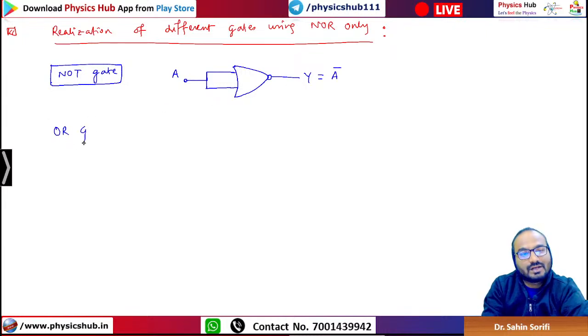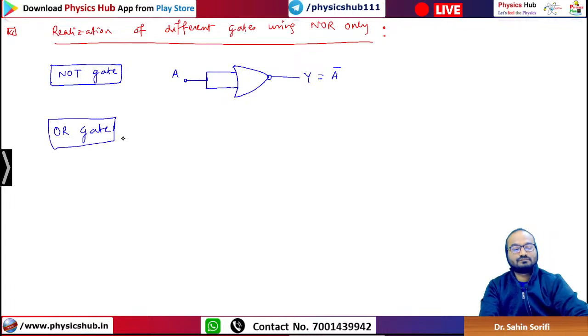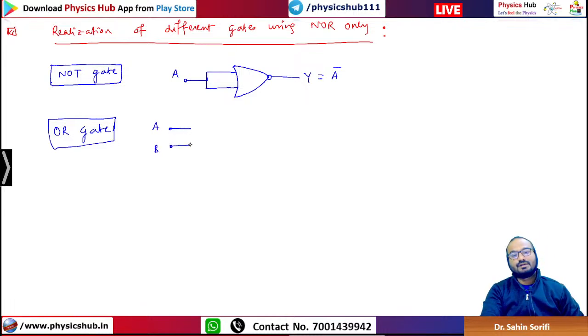Let us talk about OR gate. OR gate is simple. Can you give it a try? OR gate is A plus B. So, it has already an OR gate inbuilt. So, if I start with A and B, and if I use one NOR gate, we get (A plus B) complement.